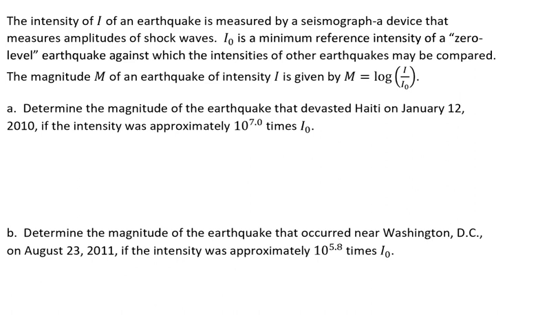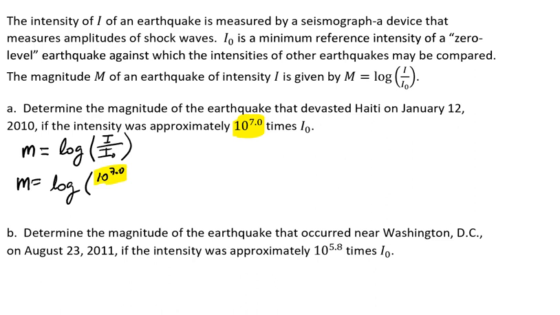So to work this problem out, we're going to take our equation m equals the log of I over I naught, and we're going to plug in the values that we have. So m equals the log of 10 to the 7.0, and we're getting that number from right here.